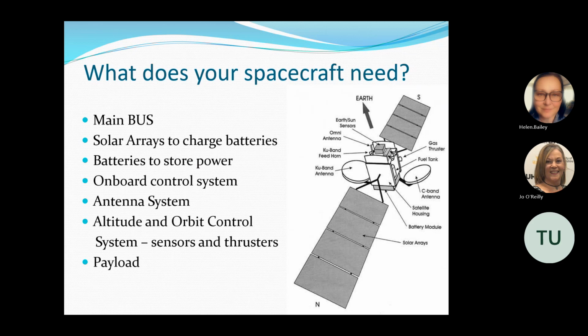All of those things are what we call the payload of the satellite. If you like, the payload of the spacecraft is the reason that we've put it up there, because this costs an awful lot of money. If you imagine, you have to launch it, you have to design it, you have teams of people, clean rooms, equipment, and so your payload is the reason that you're putting that satellite up there. It's the job that it needs to do.